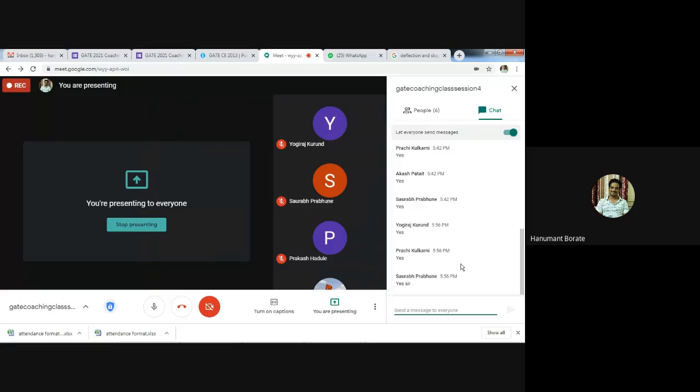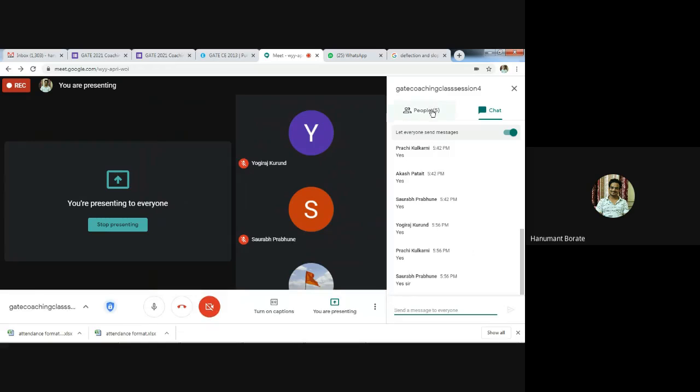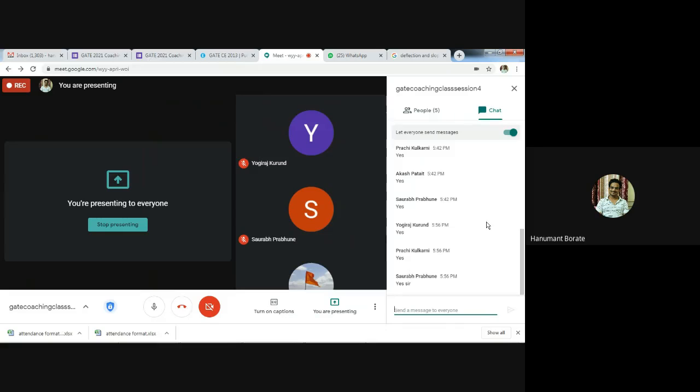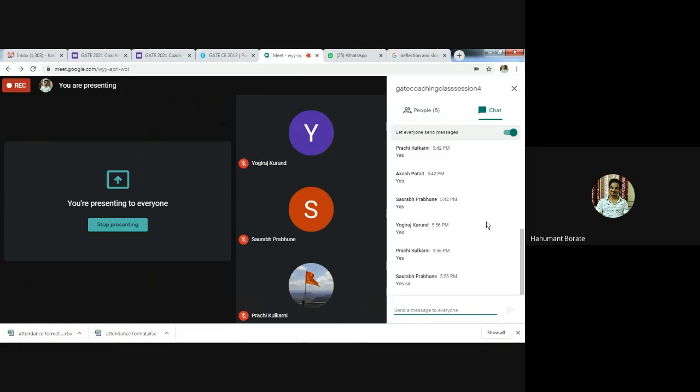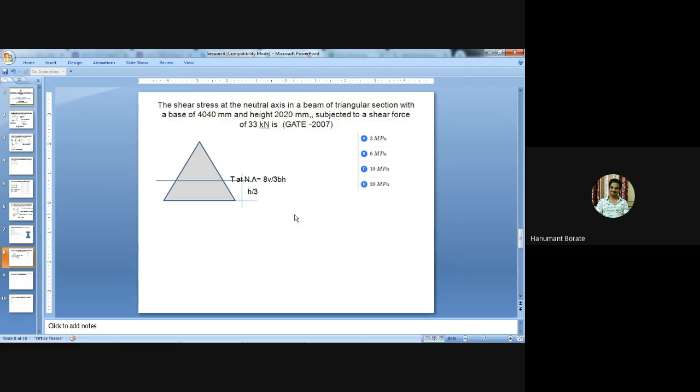Do you have any idea? We always get maximum shear stress at the neutral axis, and this is symmetric, so we'll get the neutral axis at the center. So we will get the maximum shear stress at the center of the section. Then we'll see the next question.